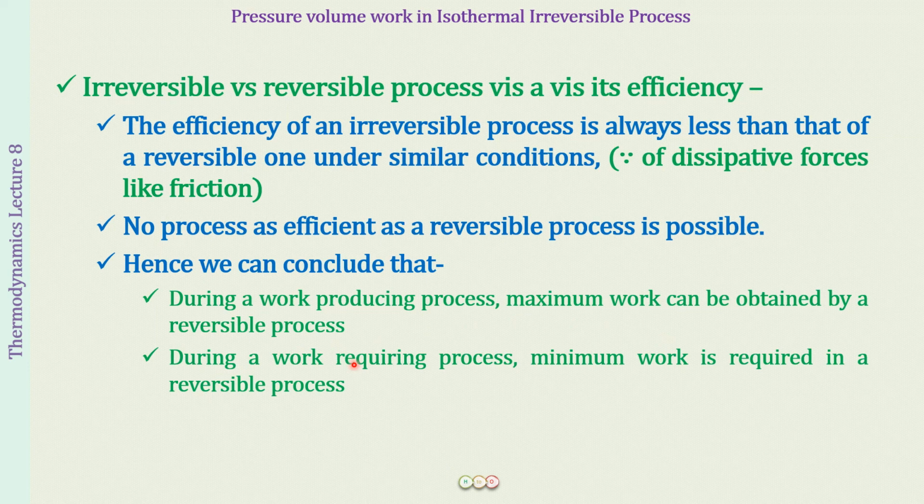So we want to spend less energy whenever we have to do work on a machine. So wherever we will be doing less work, that is going to be beneficial. So again, it is going to be the reversible process where minimum work is required. Okay, so for work by the system, again the reversible process is good, and whenever it is going to be work done on the system, again the reversible process is better than the irreversible process.